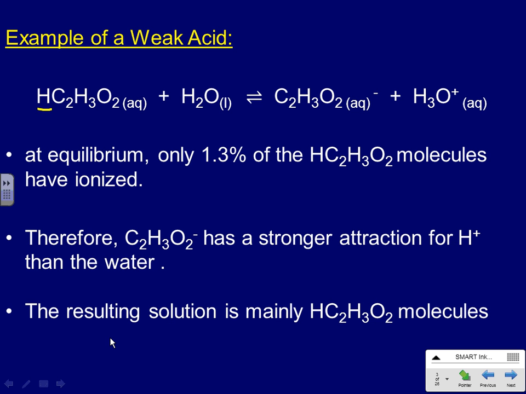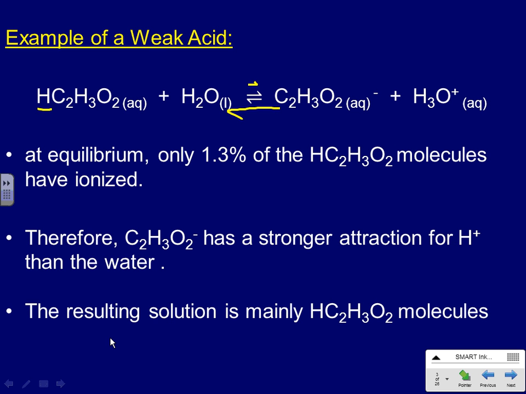It is an equilibrium situation, but it says here at equilibrium only 3% of the H's have fallen off. Only 3%. Therefore, the acetate ion has a stronger attraction for the H+ than water. Sorry, 1.3%. What that means is the equilibrium lies that way, and that's what makes it weak.